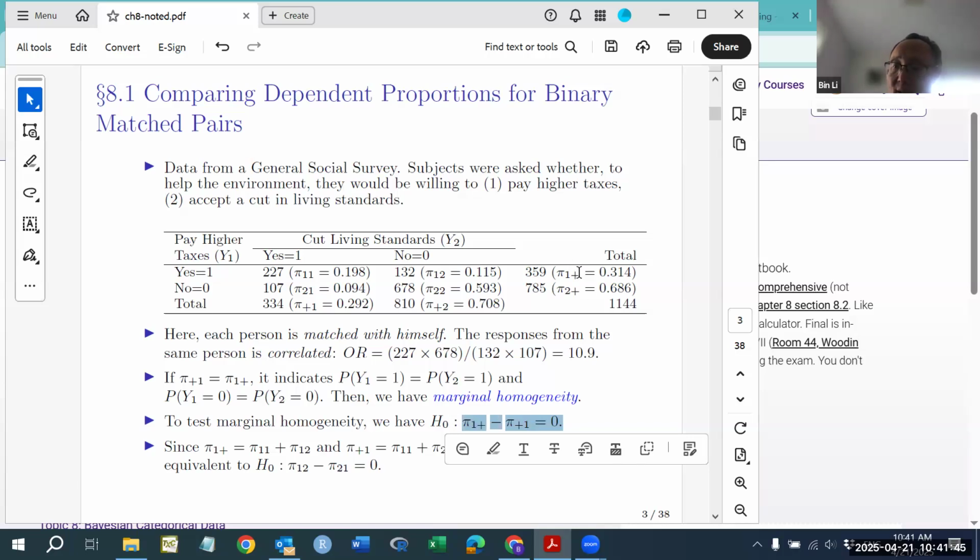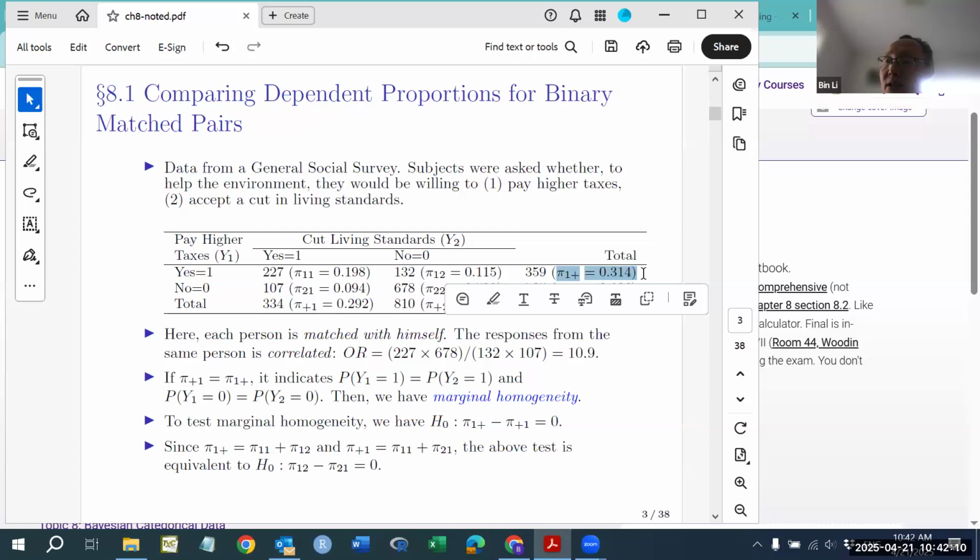Pi 1+ is the marginal proportion of answering yes for the first row, and pi +1 is the marginal proportion of answering yes for the first column, right? So we want to see if these two are statistically the same or not through a statistical test. And we will see whether the difference is statistically significant or not.